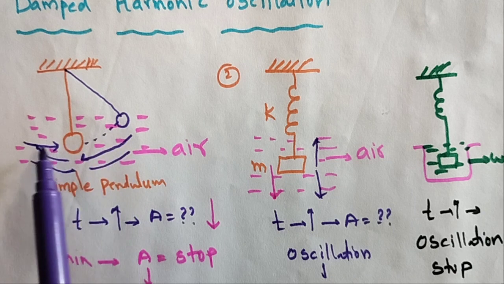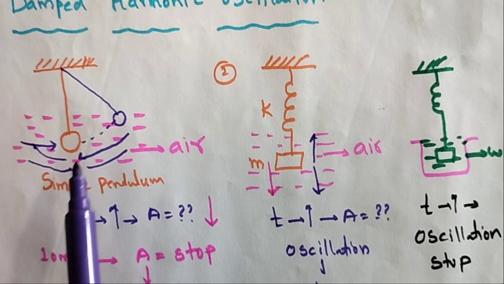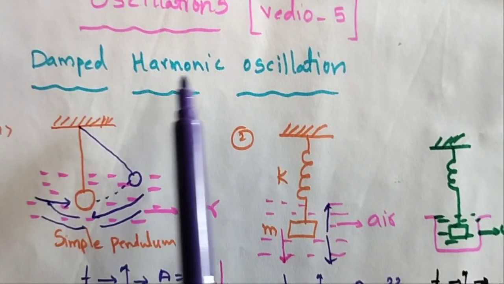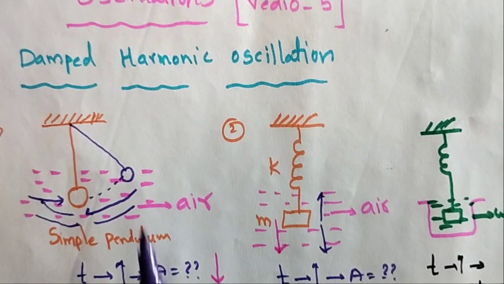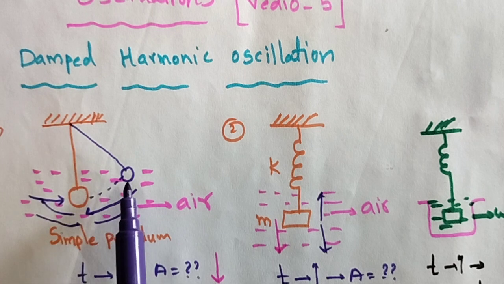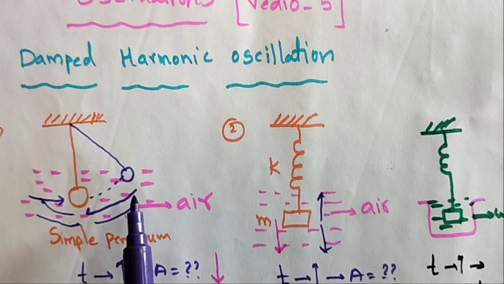Its oscillations decrease with respect to time. This type of motion is called damped harmonic oscillation. Damped means the oscillation decreases with respect to time, depending on the surrounding medium.